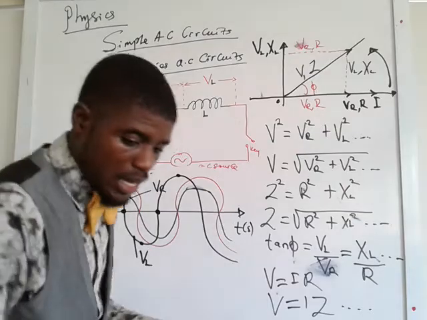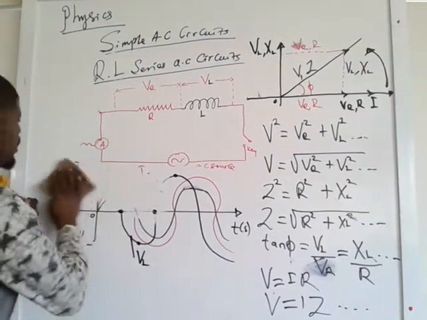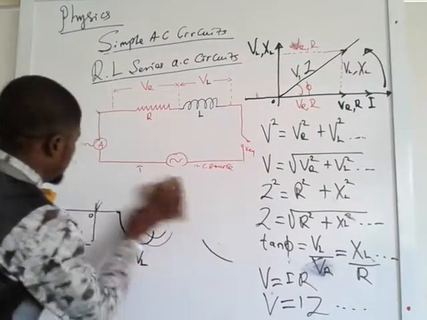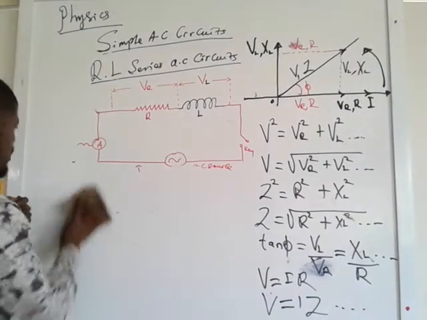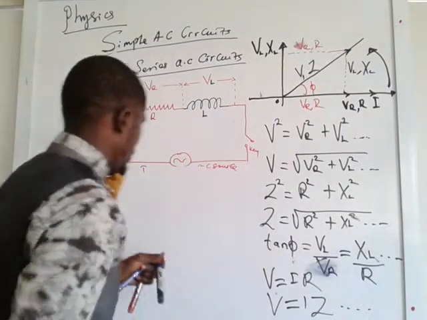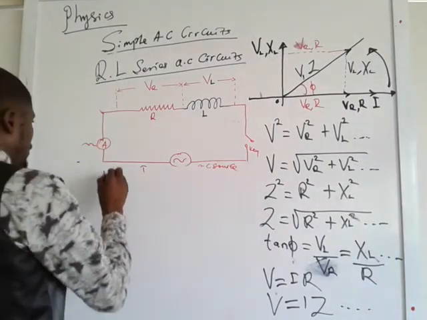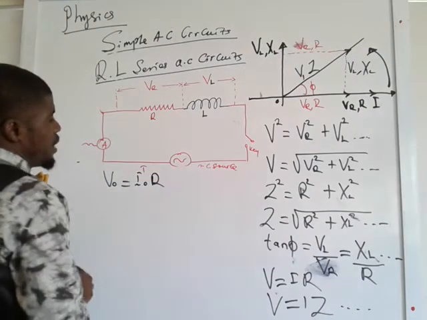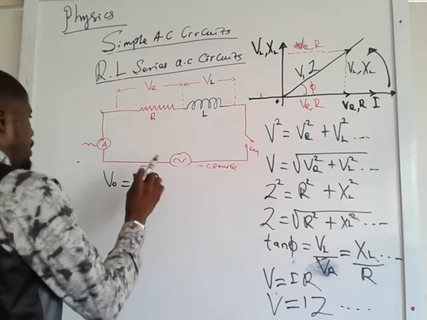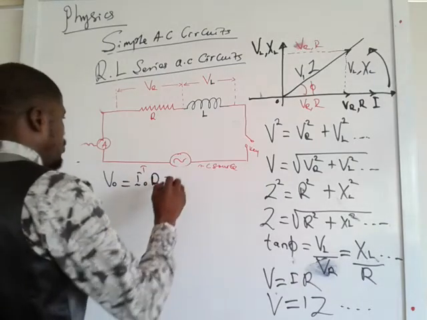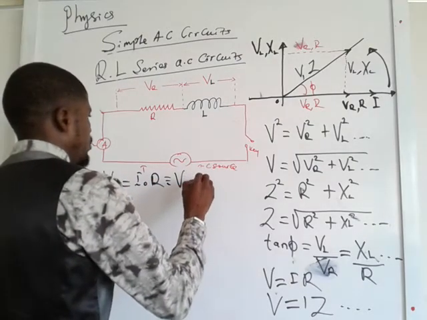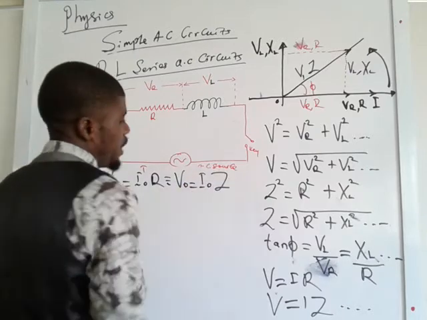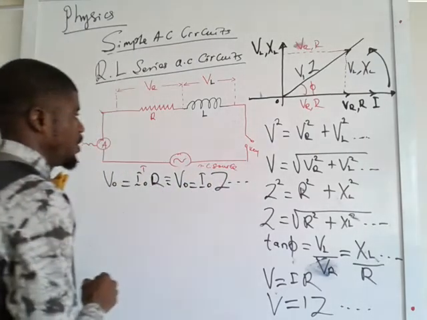So we write again that from the root mean square value, you know that your V naught is equal to your I naught R. And then you write again, this is congruent to V naught is equal to I naught Z. Name that equation as well.